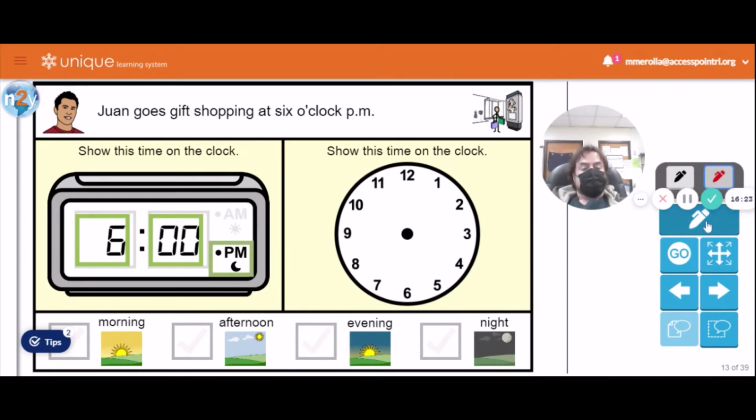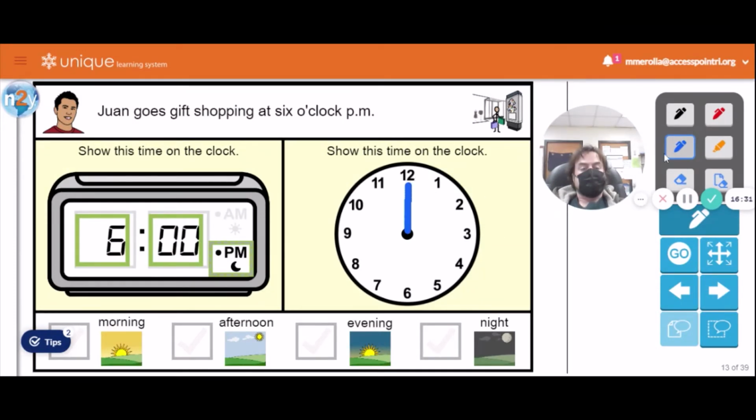On the analog clock, that would look like straight up and down, like we talked about earlier. The big hand, the minute hand would be going to the 12, and the little hand would be going right down to the 6. So 6 p.m. Alrighty.